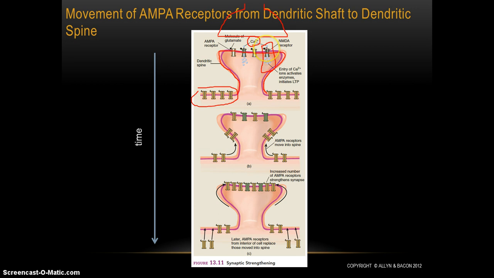That causes the magnesium that was serving as a roadblock to be ejected from the NMDA receptor, so that now when a molecule of glutamate binds with the NMDA receptor, all that calcium can go flooding inside the cell.